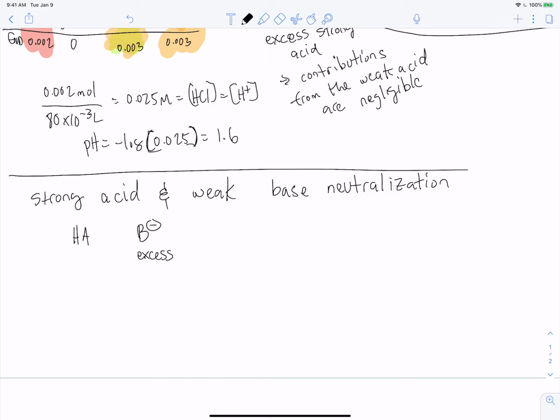In scenario 2, so these relate to the problems that we just worked, you have equivalent amounts, equivalent moles of acid and base.